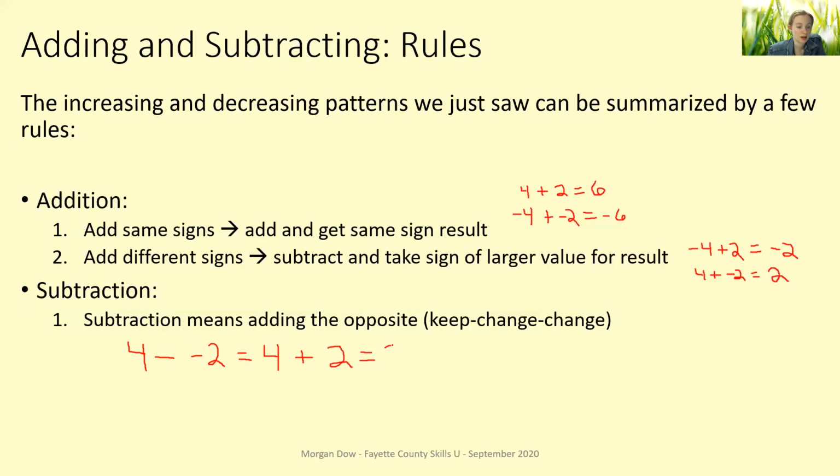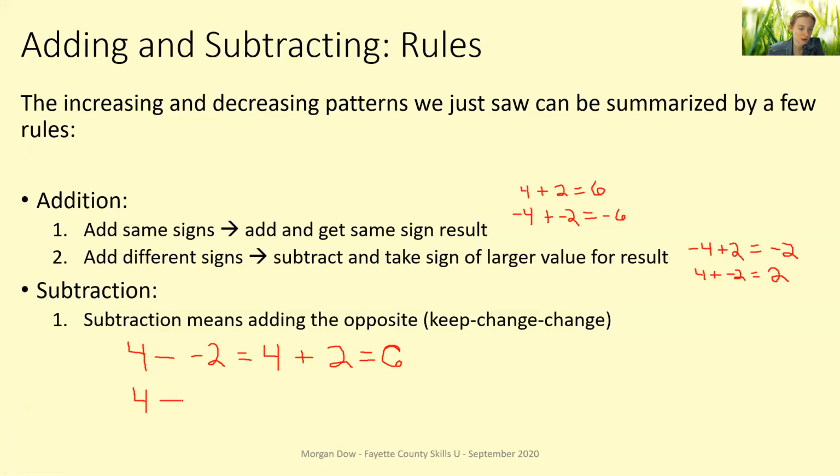And then you can apply your addition rules, right? You know how to do 4 plus 2. And that will be 6, not 2. All right, and now let's say we're doing 4 minus 2. You already know how to do 4 minus 2, so you just go ahead and do that.